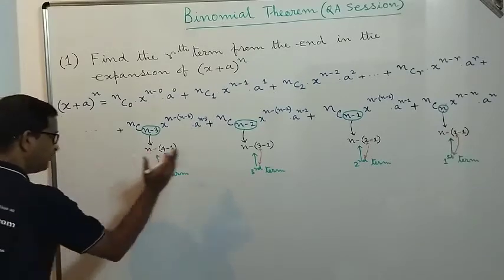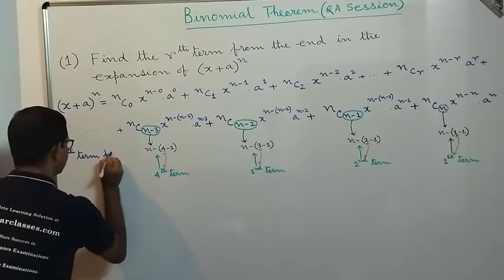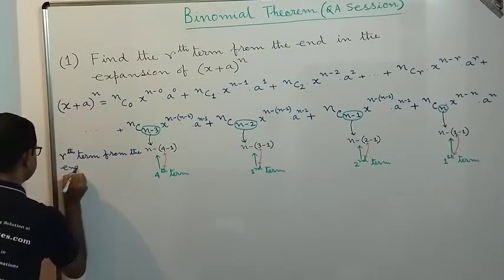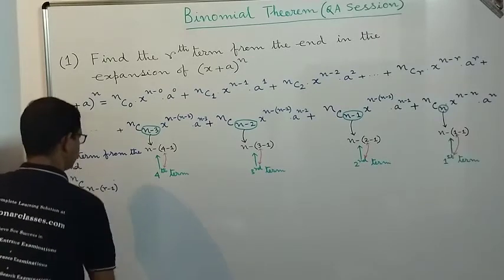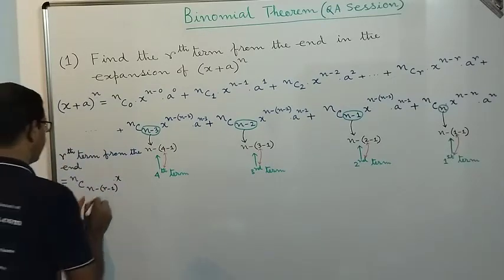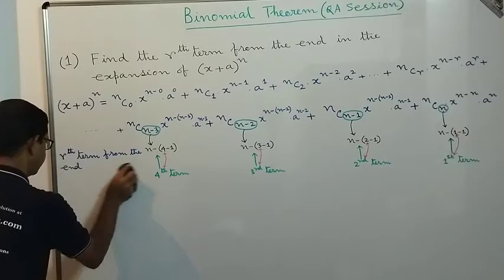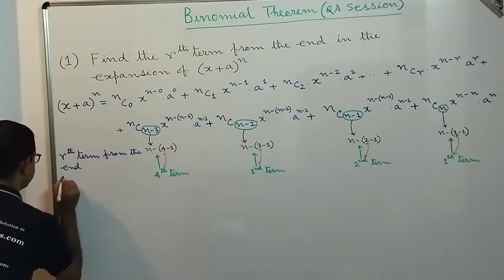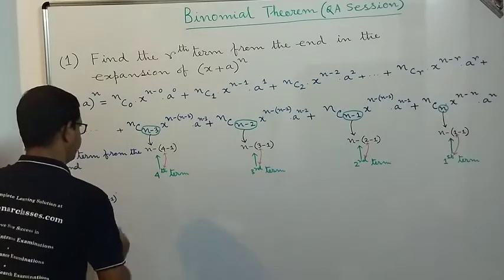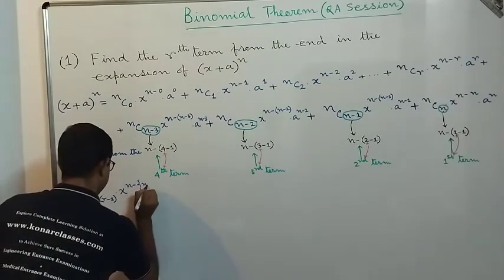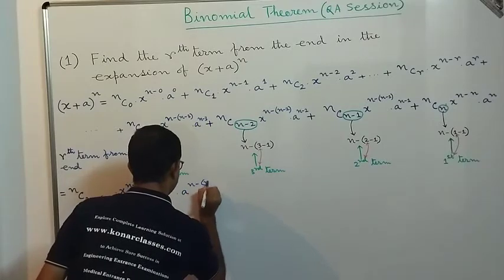If we follow this pattern, dear students, what we get is: the rth term from the end is equal to nC(n minus r minus 1) into x to the power n minus r minus 1 into a to the power n minus r minus 1.